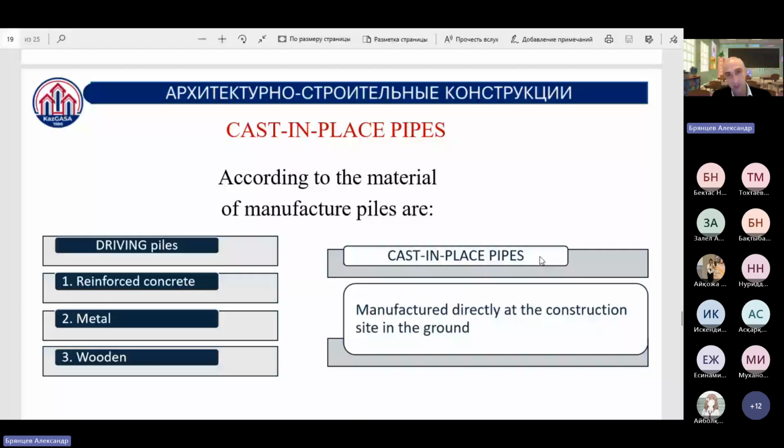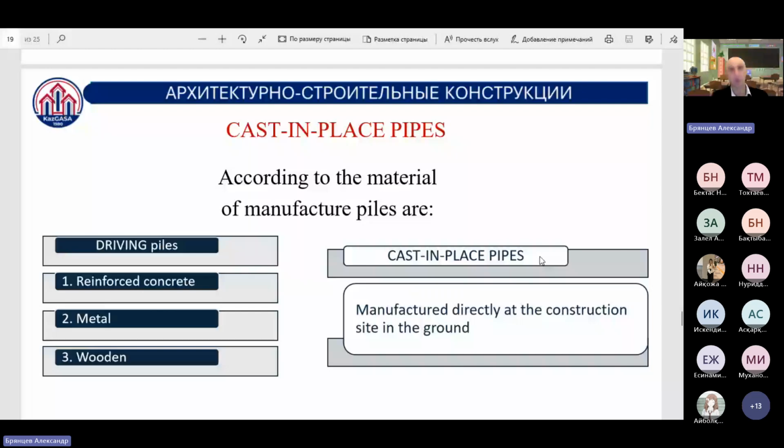So there is a borehole, drilled or punched, then reinforcement is installed, and this pile is poured with concrete. A special advantage of cast in place is that it can be used in various places, but it needs special equipment. The disadvantage is cost, so it's a very expensive type of foundation, and it also requires a higher labor cost.